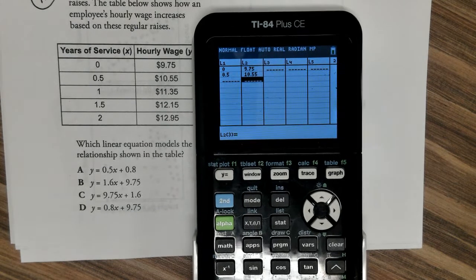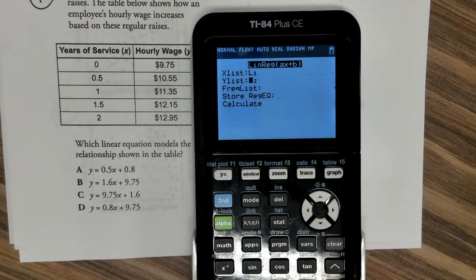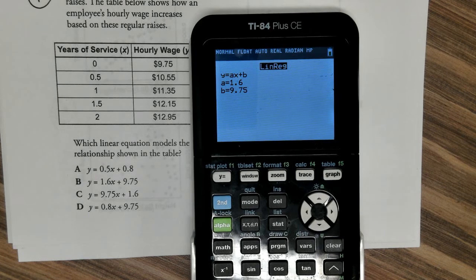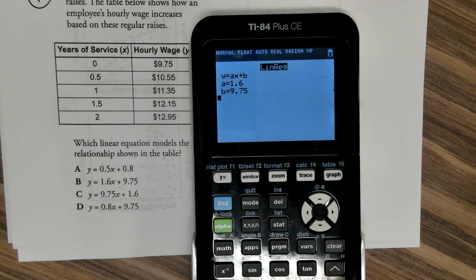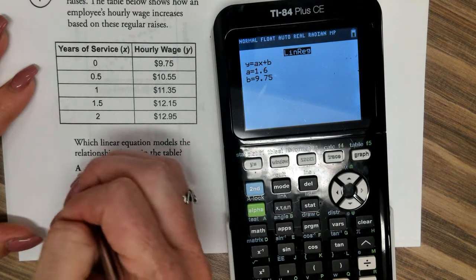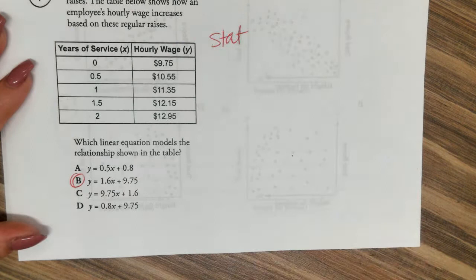There we go. Stat calc, option 4. What's the slope? 1.6. What's the y-intercept? So the answer was B.